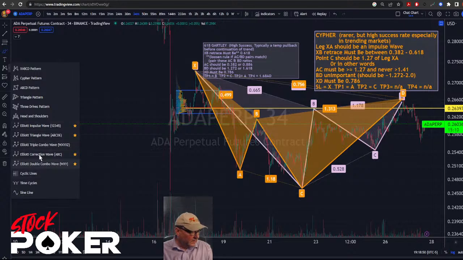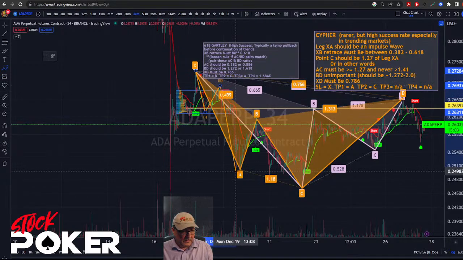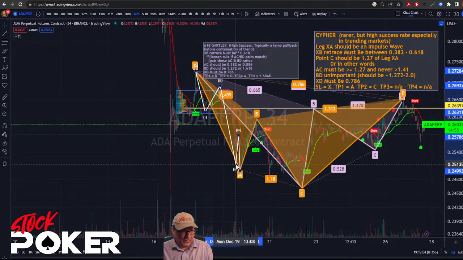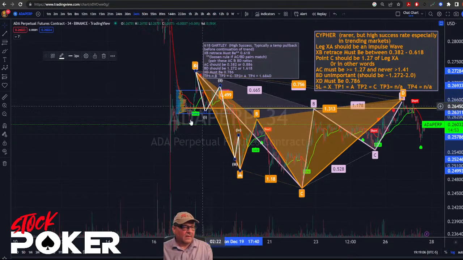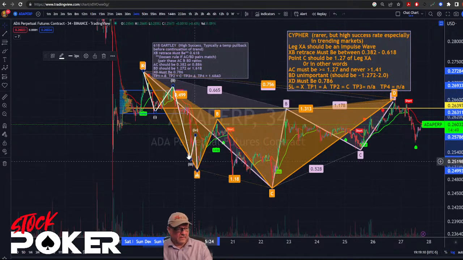Triple correction, double into the impulse wave. So here's a 1, 2, 3, 4, 5, and let's make that white. Here you have somewhat of an impulse wave. I drew it somewhat sloppily, but you do have a 5-leg impulse wave here.